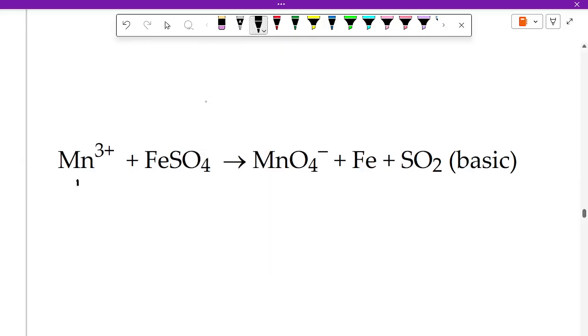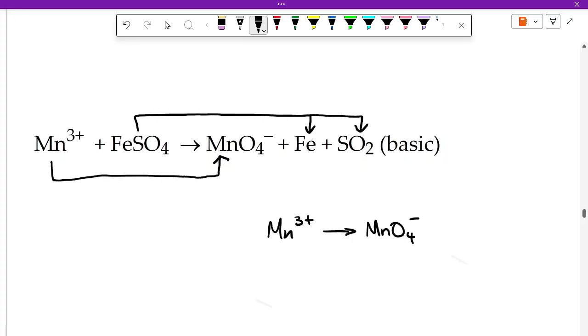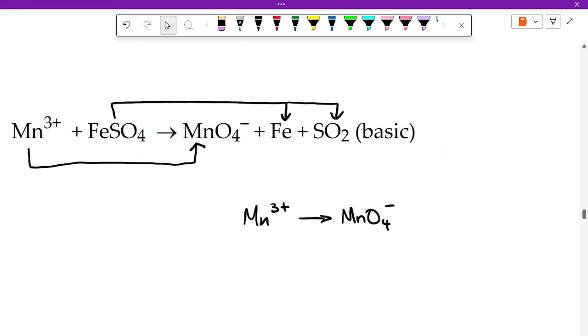Mn is becoming MnO4, yes? FeSO4 is turning into both Fe and SO2. So what you're going to do is have your first half reaction, Mn3 plus goes to MnO4 minus. I think we've balanced this particular half reaction 3 times today.